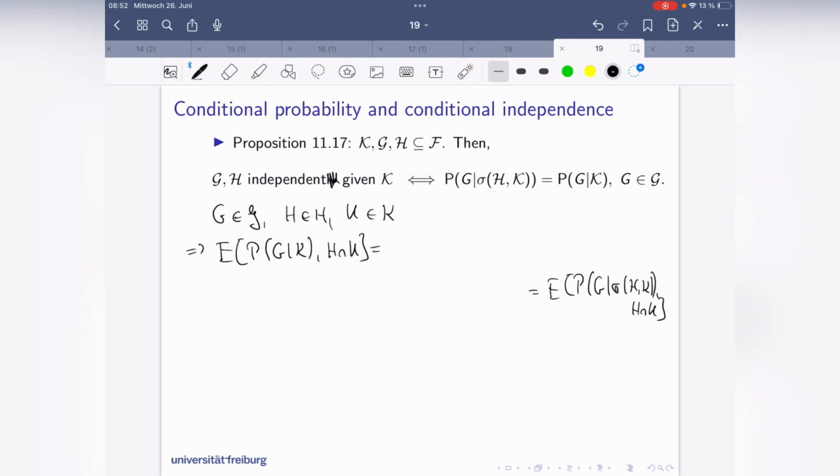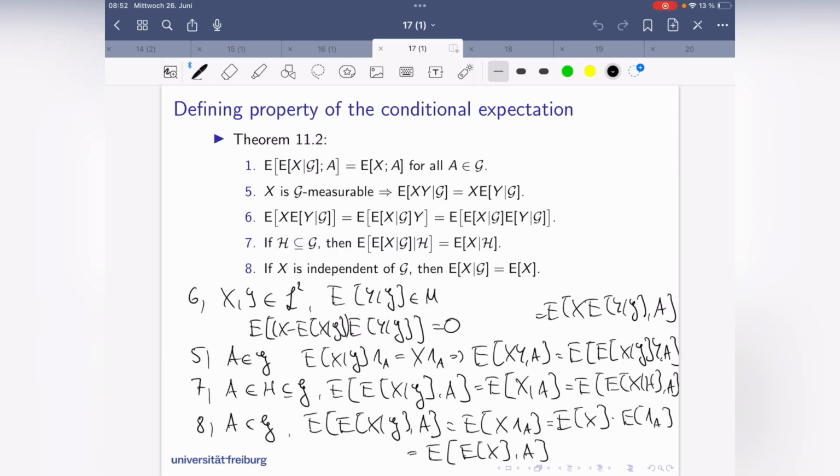Okay, so this expectation. I need something from this here. I need this funny property. That means, if I have an expectation of a product of two, where one is a conditional expectation, I can also shift the conditional expectation to the other variable, and I can also use conditional expectations on both sides.